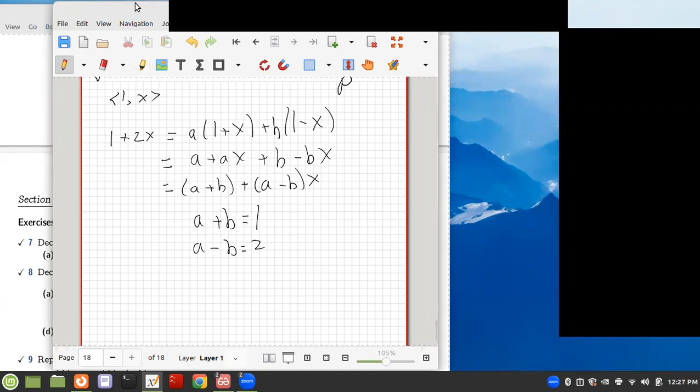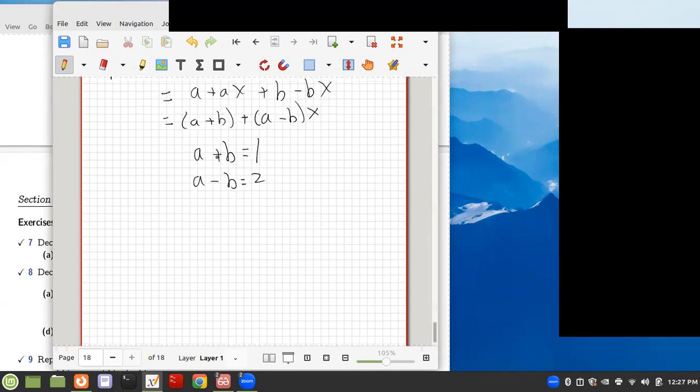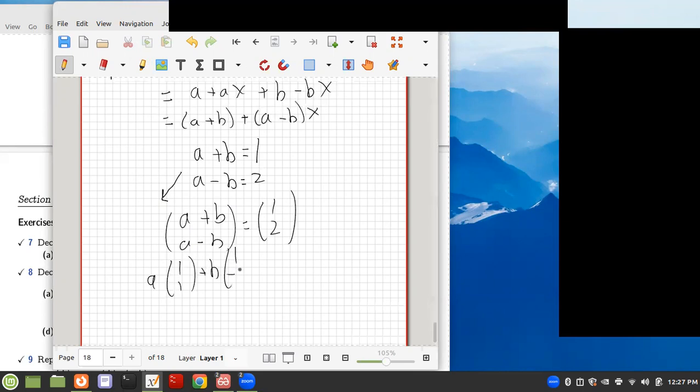Okay, well, we could make this into a vector equation, right? We could look at this as a plus b, a minus b equals 1, 2. And then we could divide this up into a times 1, 1 plus b times 1, minus 1 equals 1, 2. Right? But look, this is the same equation we had before.